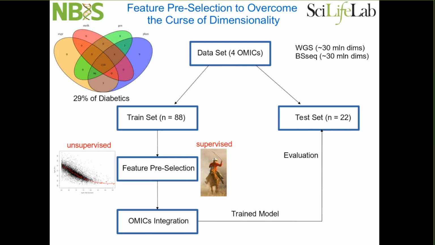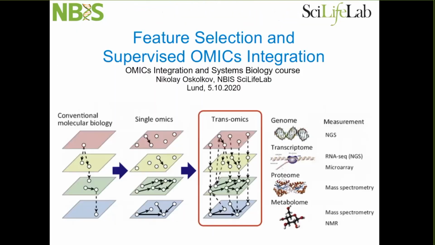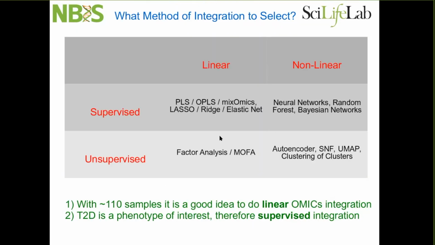It's basically a non-informative gene, but it will contaminate your analysis. You bring redundancy to your analysis if you keep this gene. And then you do integration, in a supervised fashion, using one of these methods.